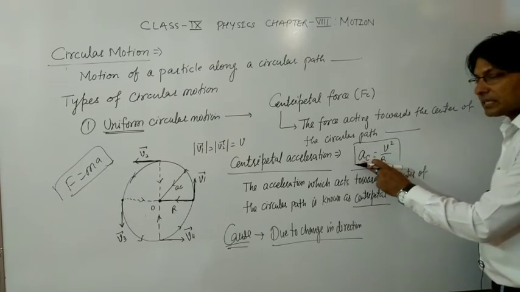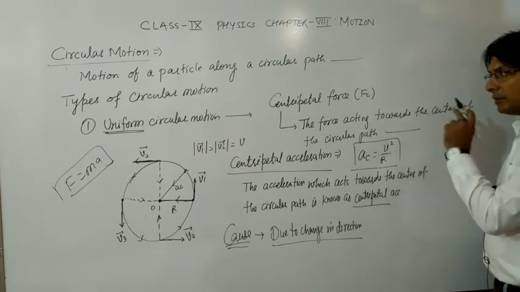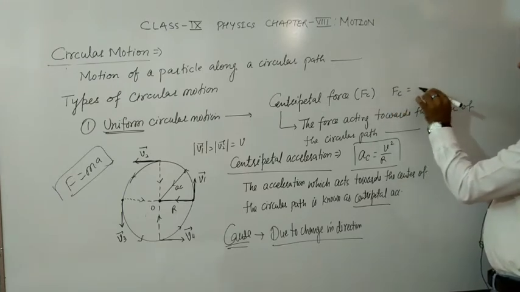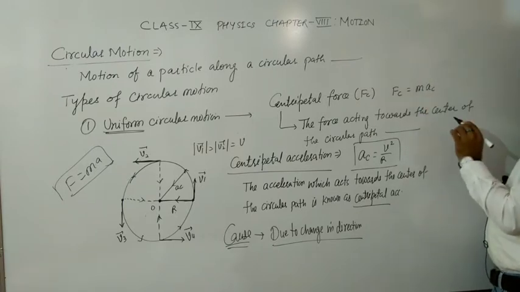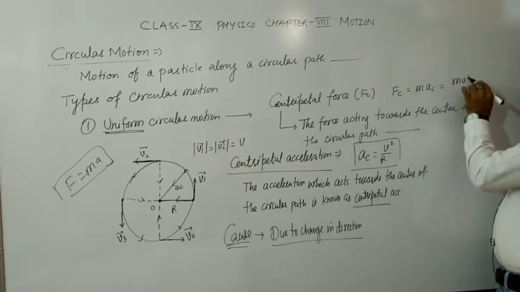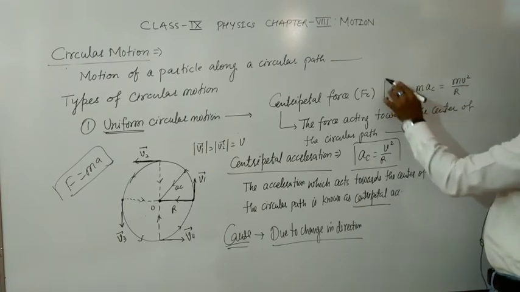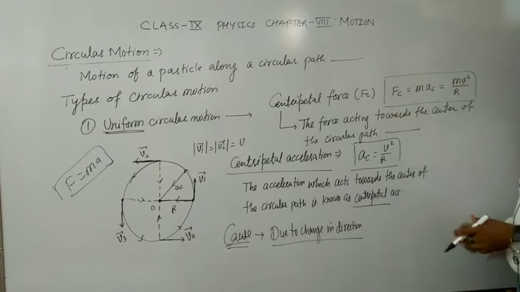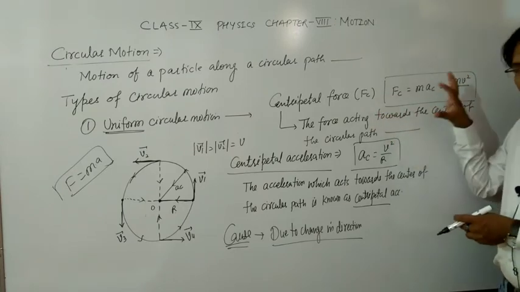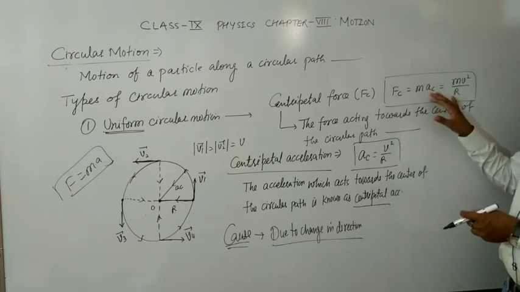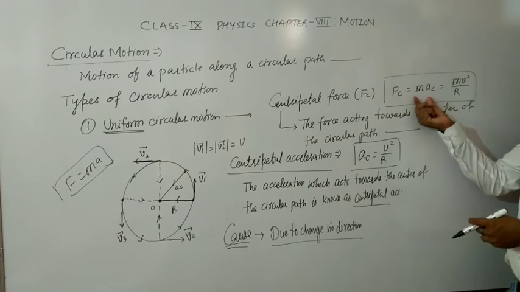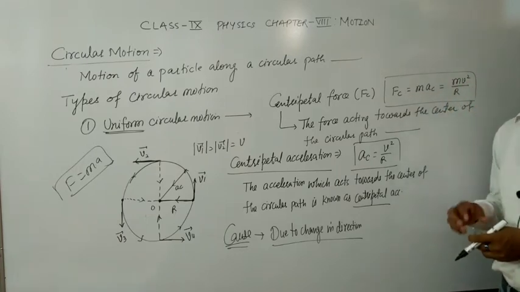But if I ask you the formula of centripetal force, it will be mass into centripetal acceleration, and centripetal acceleration is v squared upon r, so it will be mv squared upon r. So using this formula we can calculate the value of centripetal force. We will derive these formulas in class 11th, but for 9th class you must keep in mind that this is the formula of centripetal acceleration and this is the formula for centripetal force.